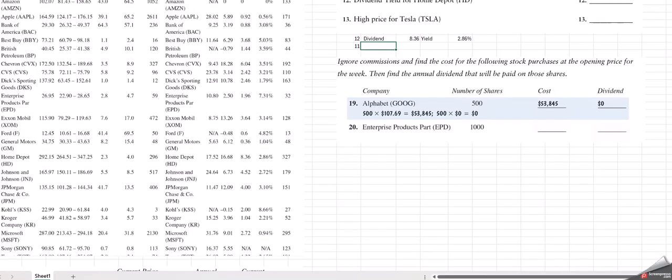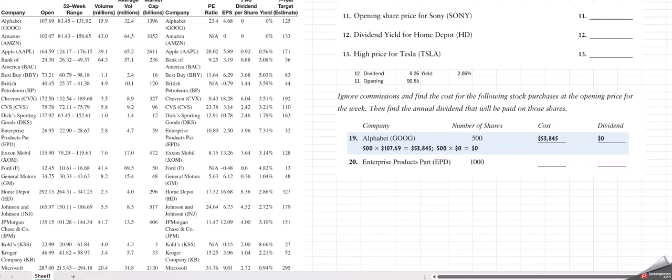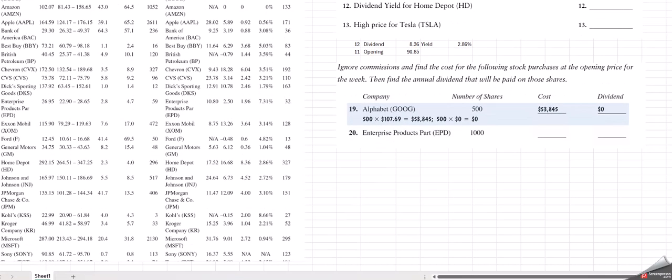But I think I still cut Tesla off. So Sony, the opening price for Sony was all the way over here, $90.85. So you've got to watch what it's asking for, watch the headings of the columns, and make sure you're in the right category.